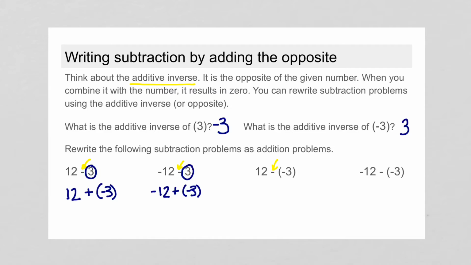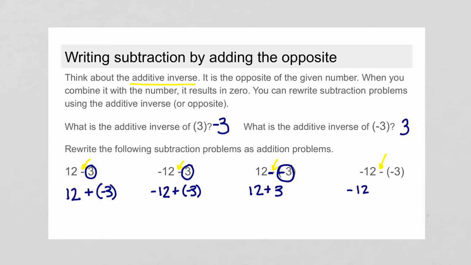On this one, again, I start with my first number, 12. I change that to a plus, and I want to write the inverse of -3. That's +3. Remember, that's a situation where we're minusing a negative, so we're going to do that opposite. And then finally, I'm going to do it again for this one. I start with my -12.